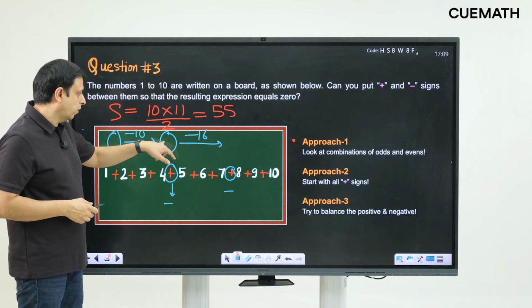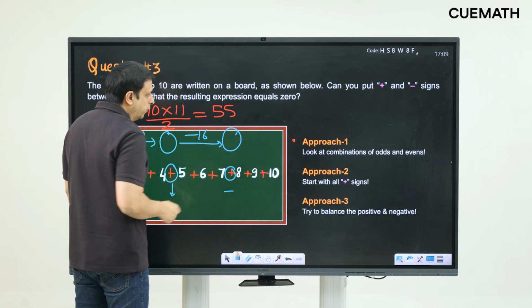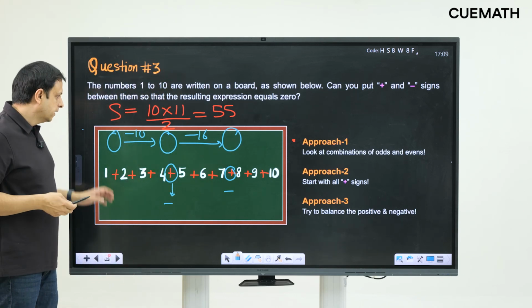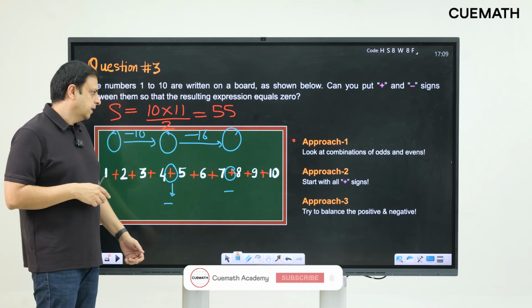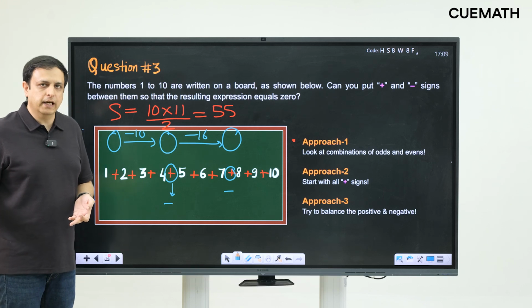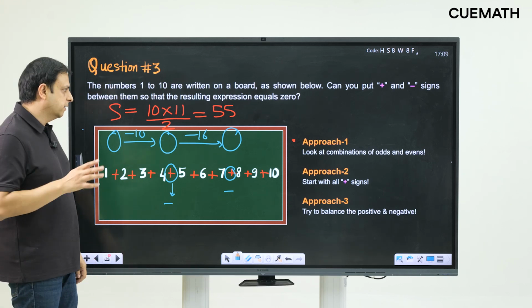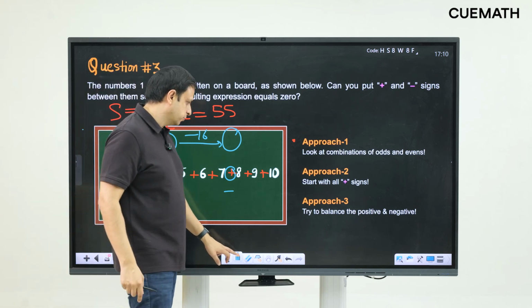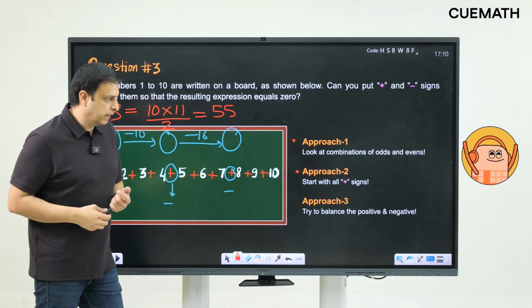But because we had an odd sum to begin with and it's dropping by 16, the resulting sum will be odd as well. So at every step you can see that as you keep changing the signs from plus to minus, the resulting sum will still be odd. So no matter how you change the signs from plus to minus, you will still get an odd number, and therefore it can never be 0. So that's approach 2, and I find this to be very elegant and very nice.